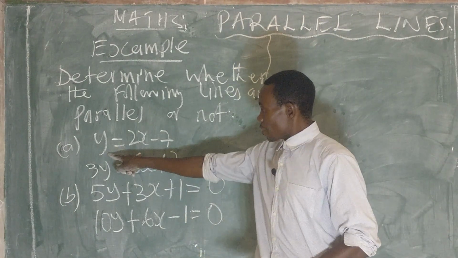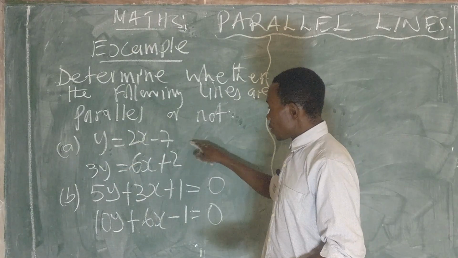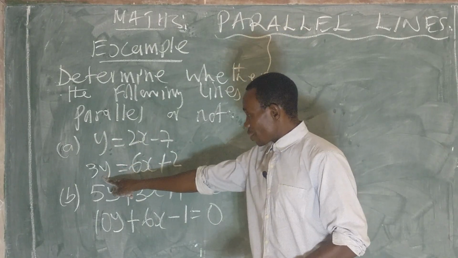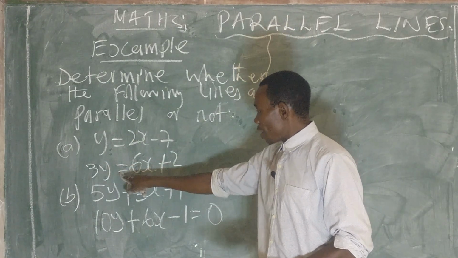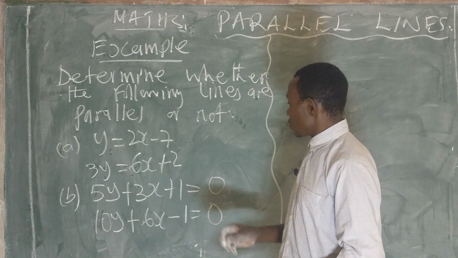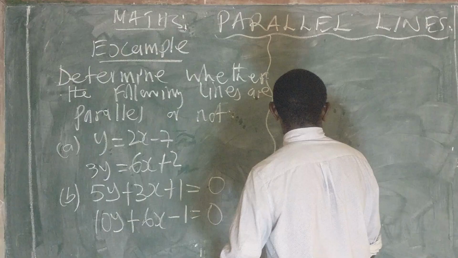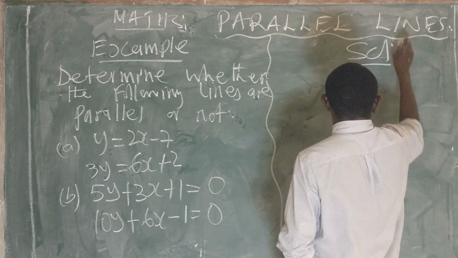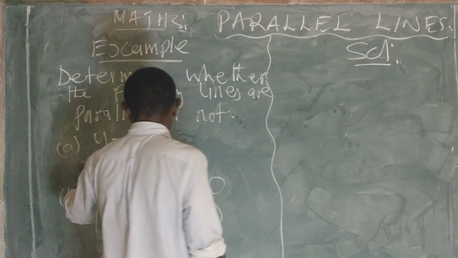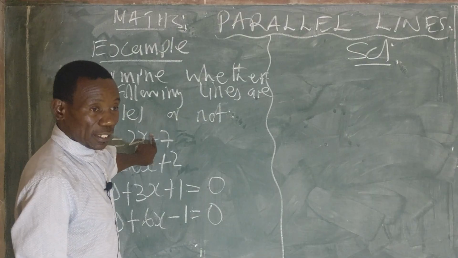Now, in the first example, the first line is y = 2x - 7, versus another line whose equation is 3y - 6 = 6x + 2. Are these two lines parallel? What we're going to do here is look at the gradient.